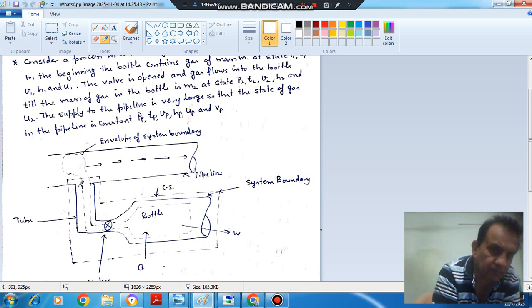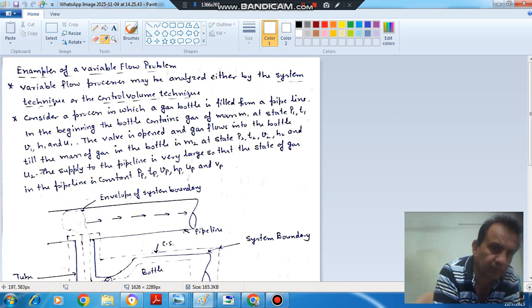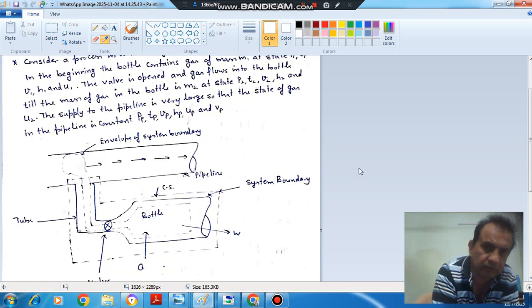First of all, we consider the condition within the bottle before filling, represented by suffix 1: pressure P1, temperature T1, specific volume v1, enthalpy h1 and internal energy u1. After filling the bottle, these conditions are represented by P2, T2, small v2, h2 and u2.